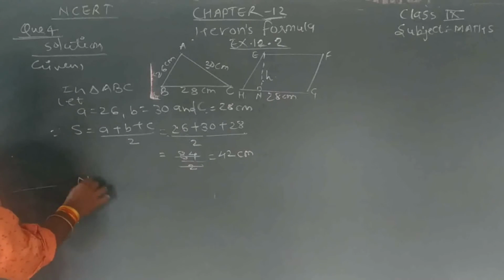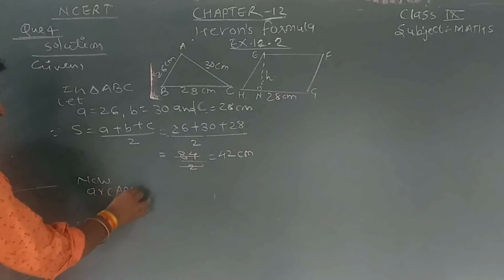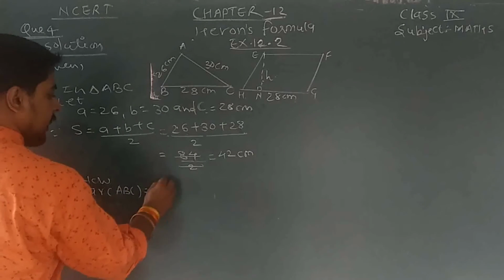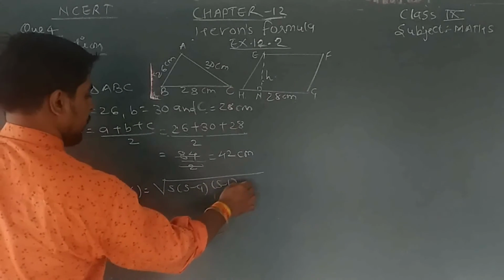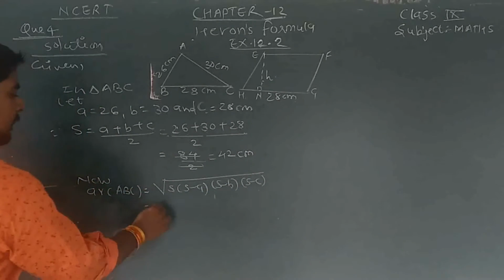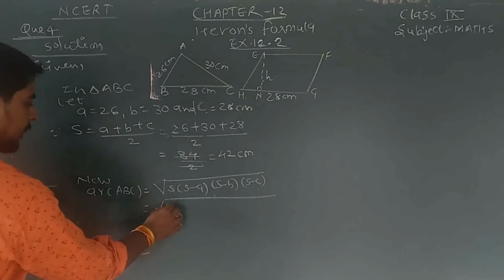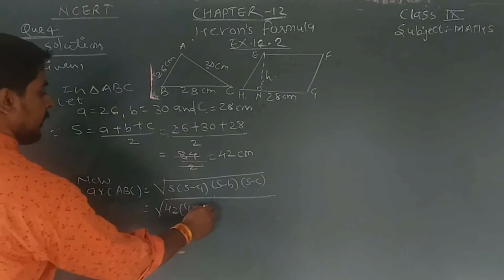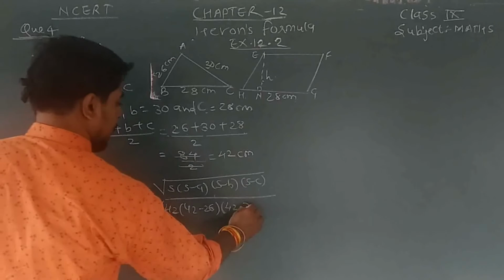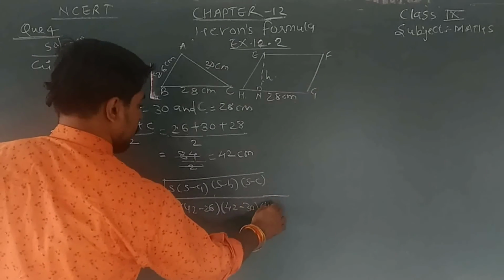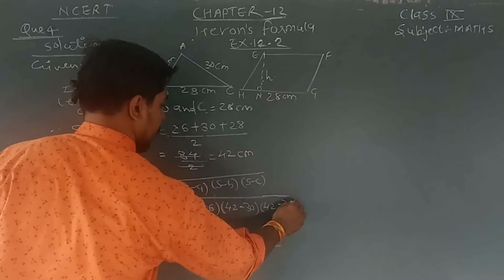Now we will find the area of triangle ABC by the help of Heron's formula: the square root of s into s minus a, s minus b, and s minus c. What is s? s is the semi-perimeter, 42. That is 42 minus 26, 42 minus 30, and 42 minus 28.